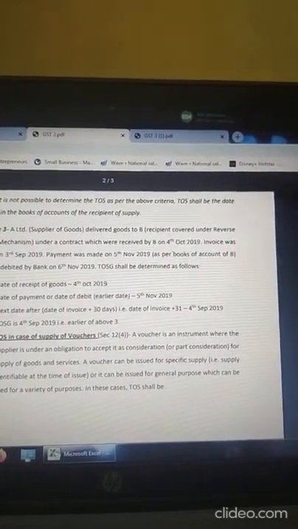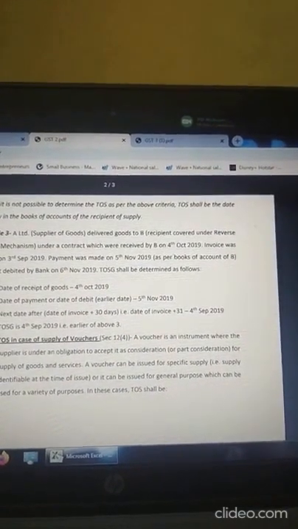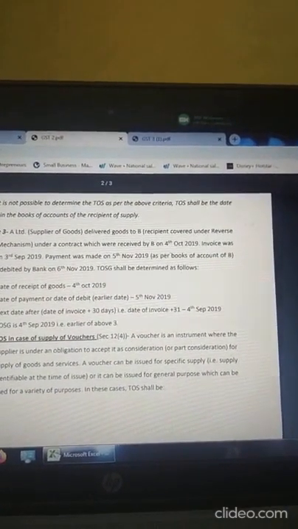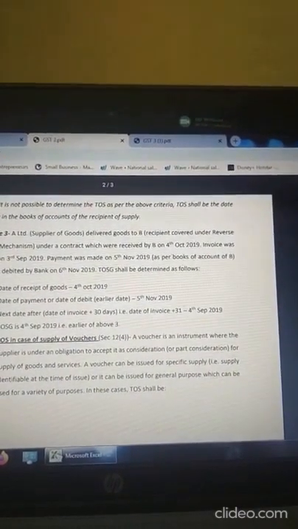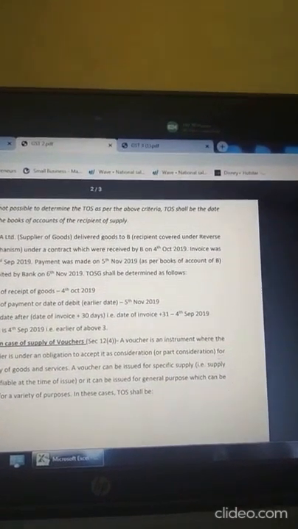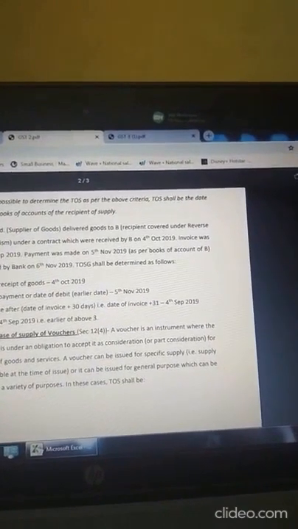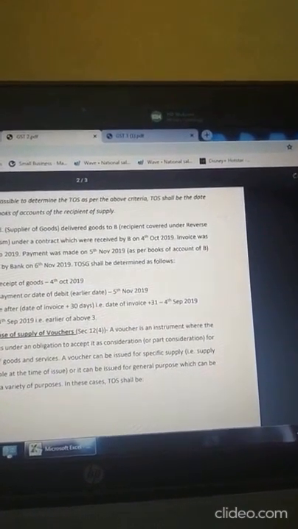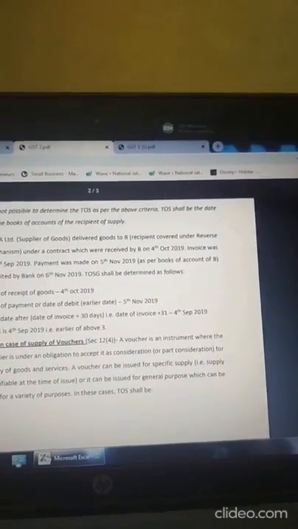The time of supply of goods shall be determined as follows: the date of receipt of goods, 4th October 2019; the date of payment or date of debit, whichever is earlier, 5th November 2019; the date immediately following 30 days from the date of invoice, that is 4th September 2019. So the time of supply of goods will be 4th September 2019, which is the earliest of all three.